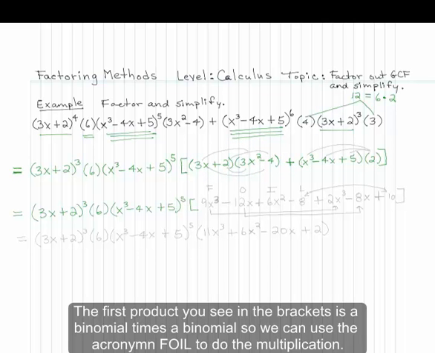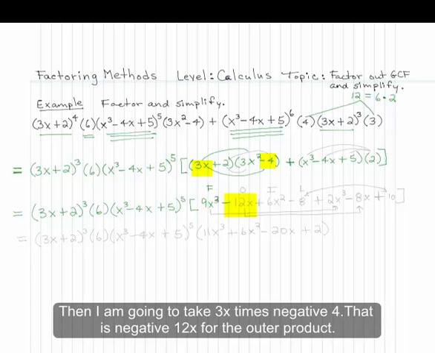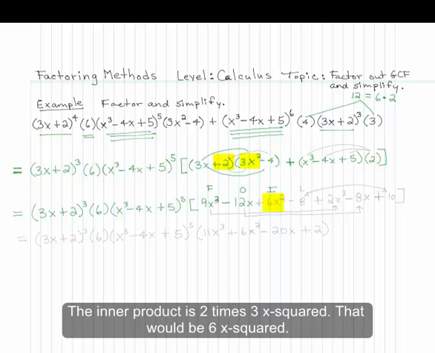So I'm going to take 3x times 3x squared and get 9x squared. Then I'm going to take 3x times negative 4, that would be negative 12x for the outer product. The inner product is 2 times 3x squared, that would be 6x squared.